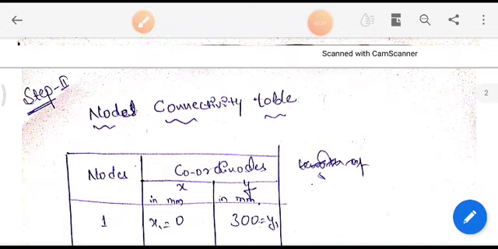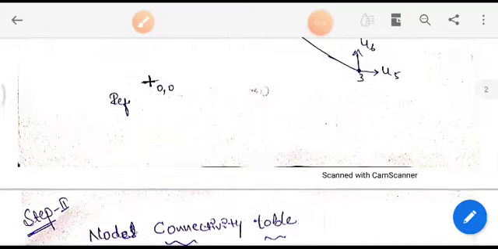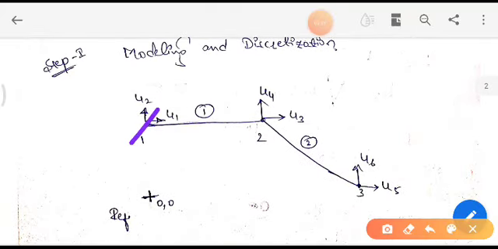The second step is to determine the nodal connectivity table. Since we have three nodes, node 1, node 2, node 3, we need to take a reference, from which we can define the coordinates of each node. Let us consider this as our reference.